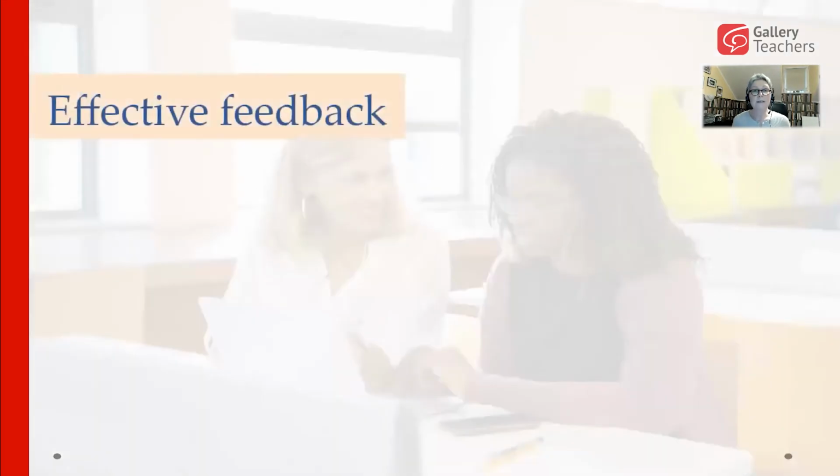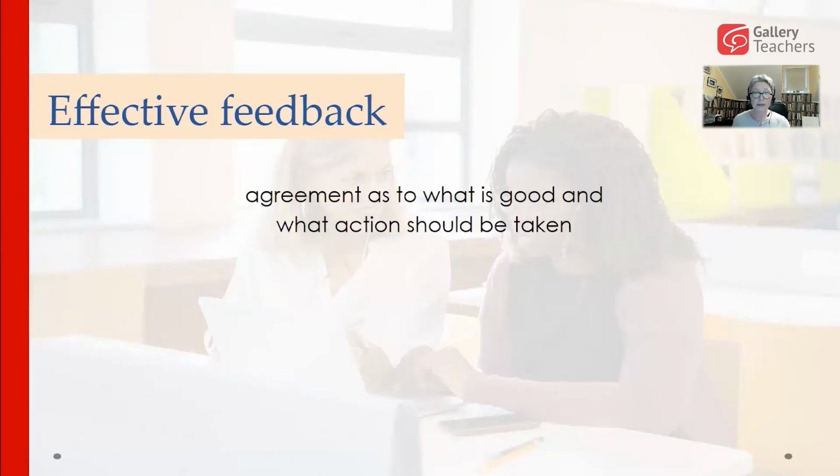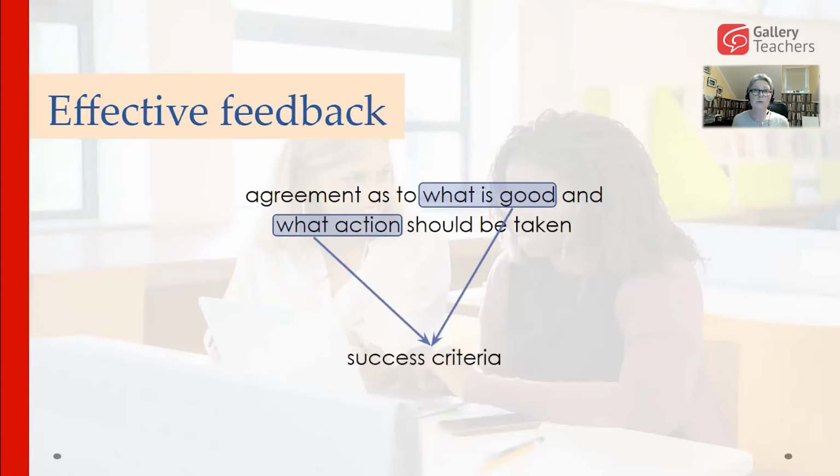In fact, there is a very clear connection between one of the features of effective feedback and success criteria. We can only provide reliable information about what is good and what action needs to be taken if we know what success criteria we want to use. In other words, if we know what success looks like.